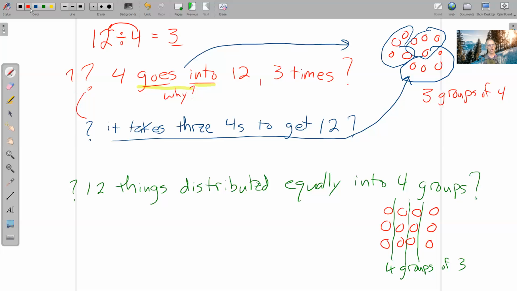So I think I'm going to say here is one interpretation or model for what 12 divided by 4 means, and this down here is a second model for what division means. And then, all right, so nobody else shared. Does anybody have anything else to share about why 12 divided by 4 is 3?